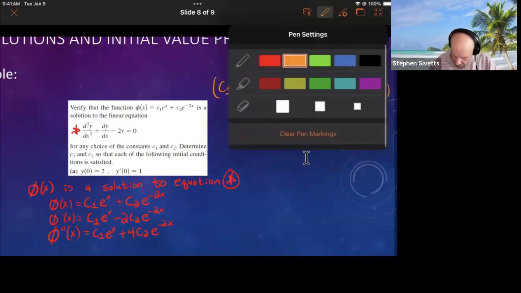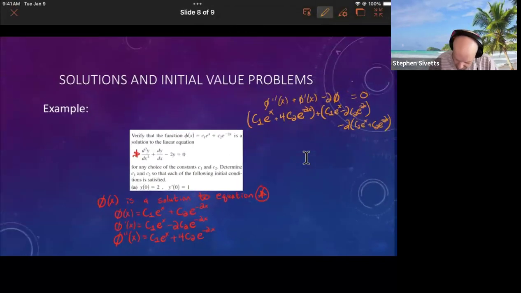And I am going to write this out a little bit bigger so we can see the whole picture here.